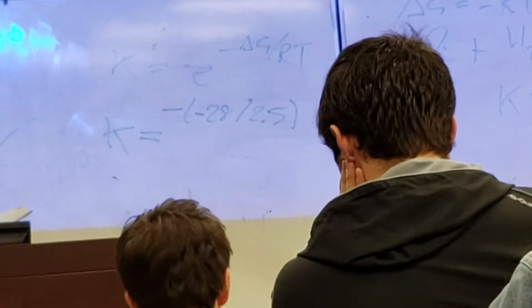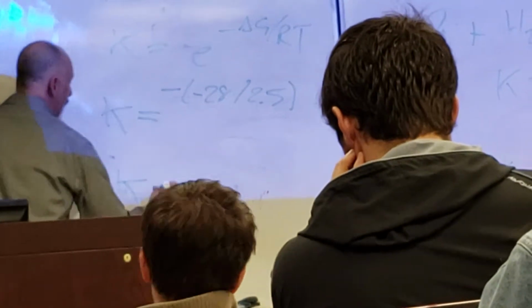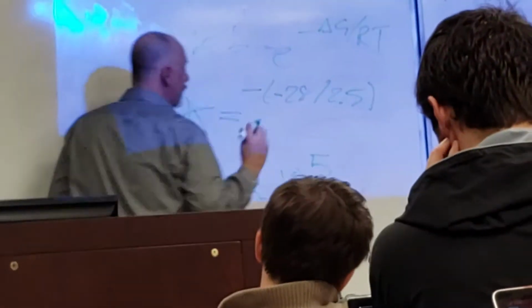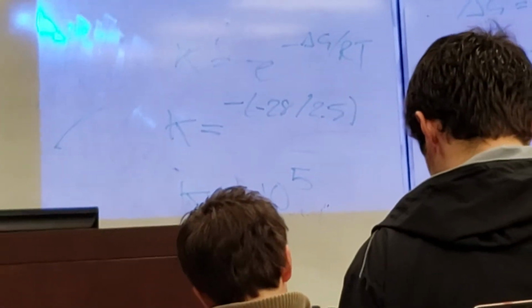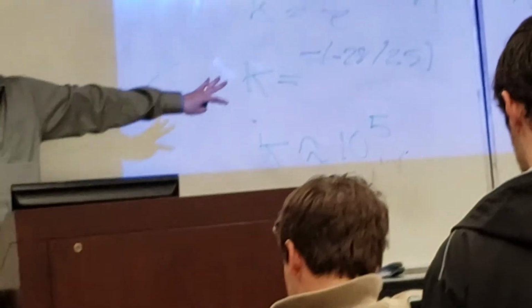If I go through and do this, my K is about 10 to the 5th. How awful is green back there? Really awful. All right, so that's without knowing anything about Pi.